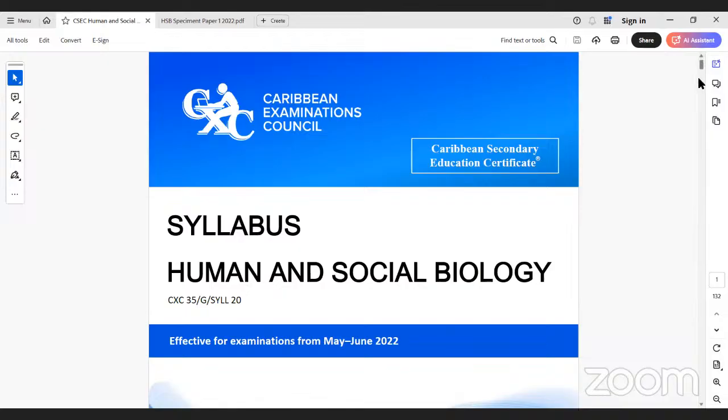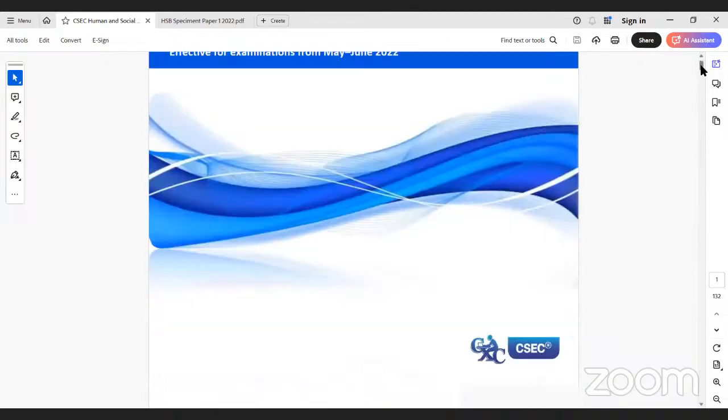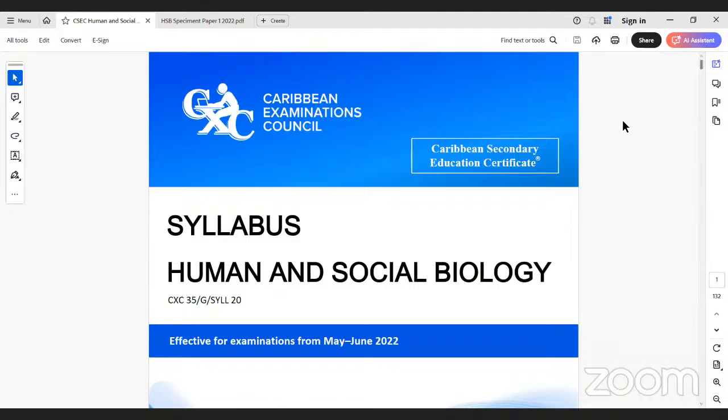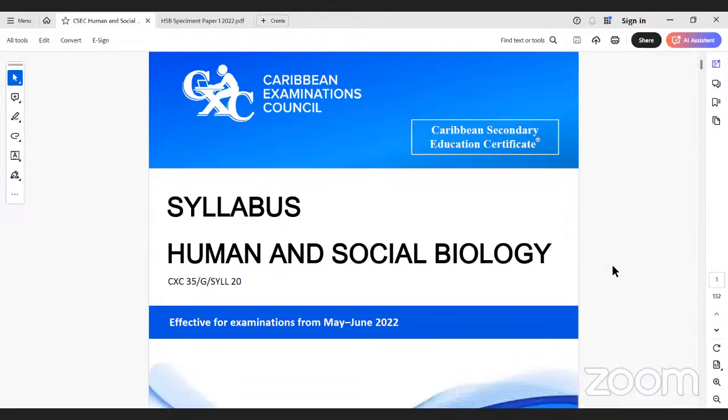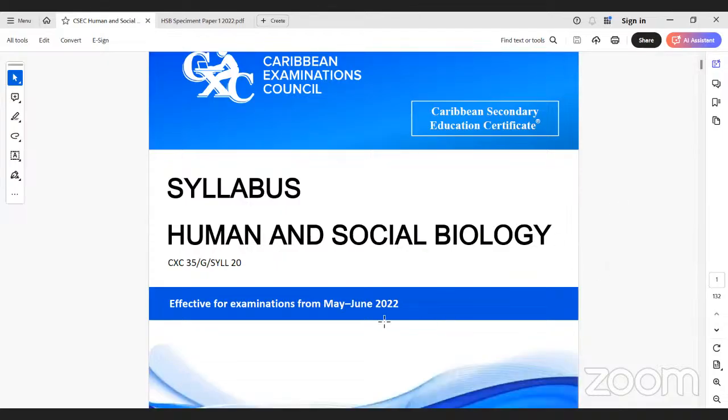We want to start off by looking at some tricks and plans for how you go about doing paper 1. This is the syllabus being examined. It came into force in the June 2022 exam.